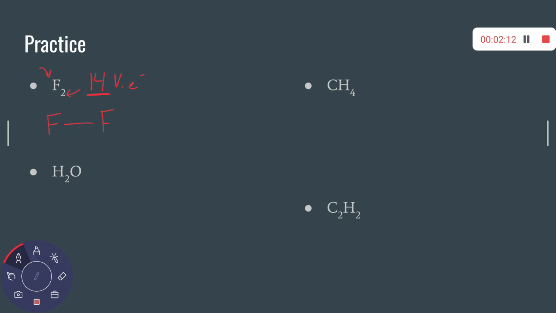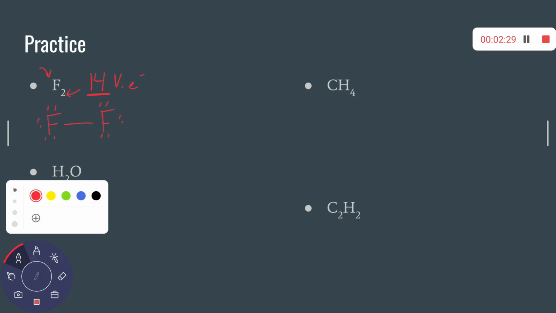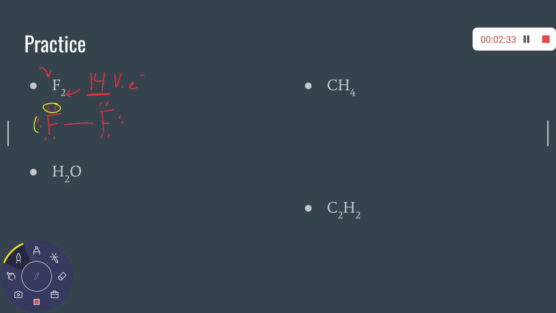So here I've got 2 already, and now I'm just going to start counting to fill my octet. Here's 4 electrons, 6 electrons, 8 electrons, 10 electrons, 12 electrons, 14 electrons. Now, if I look, this fluorine has 2, 4, 6, 8 electrons around it.